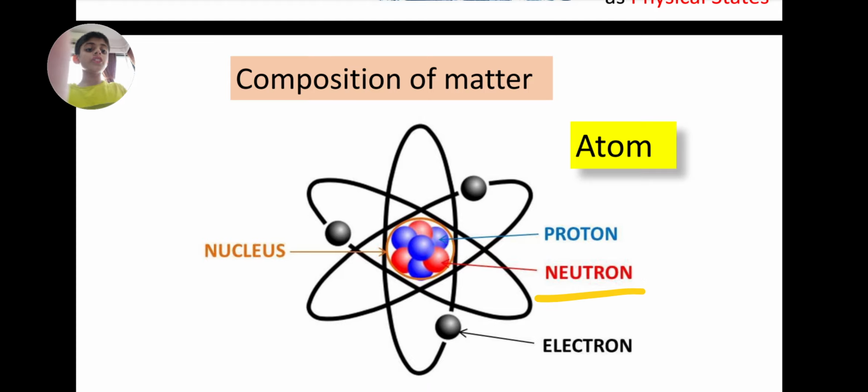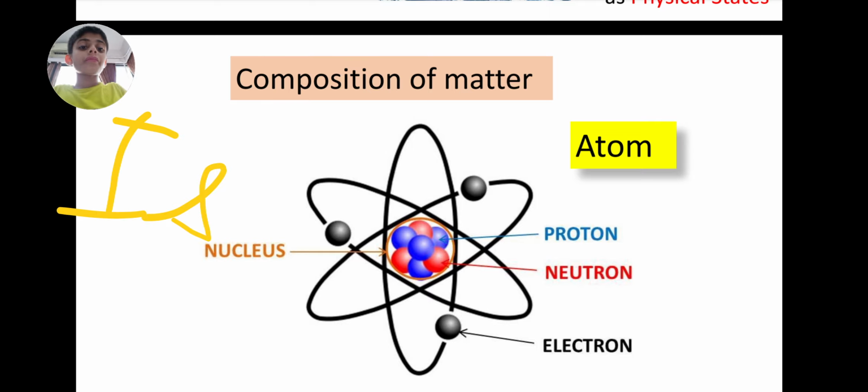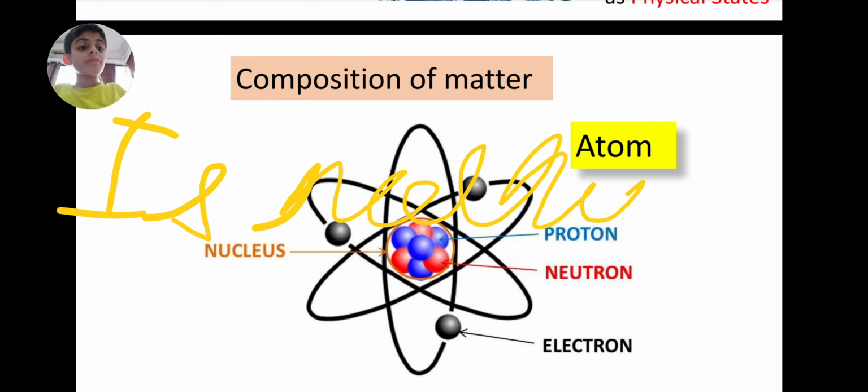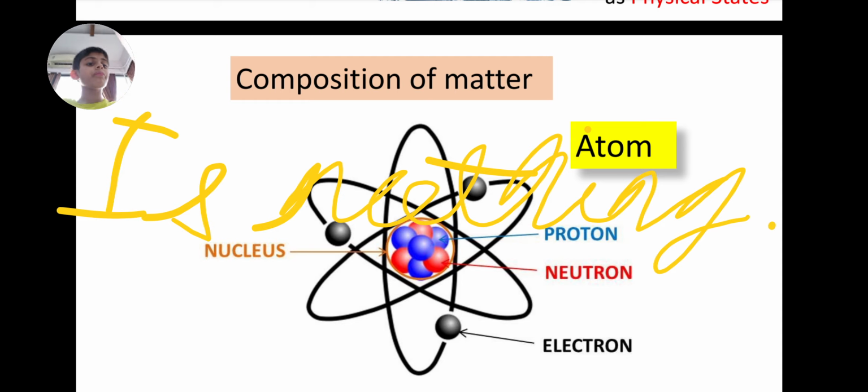What is a neutron? A neutron is nothing, except the electron.